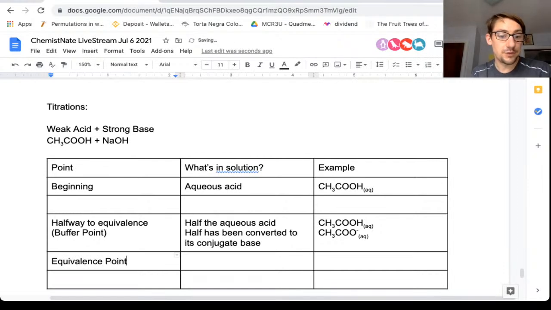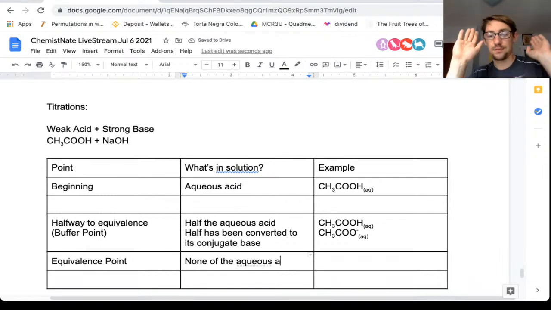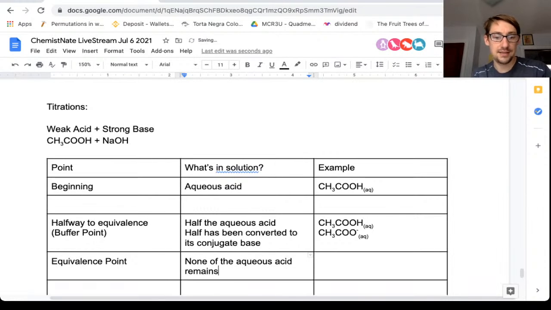Here, we say we have none of the aqueous acid remaining. None of the aqueous acid remains.